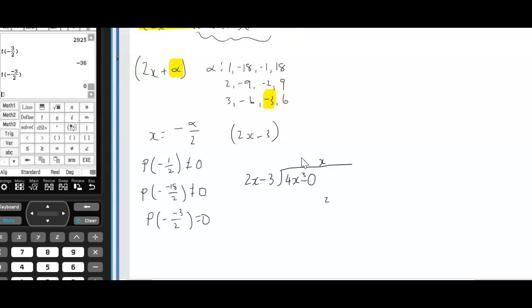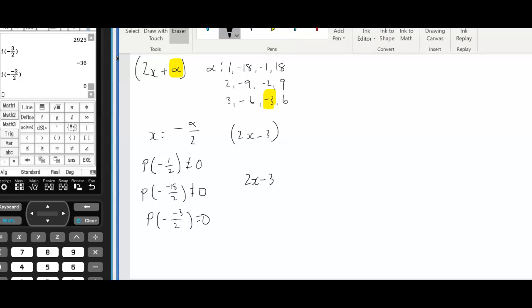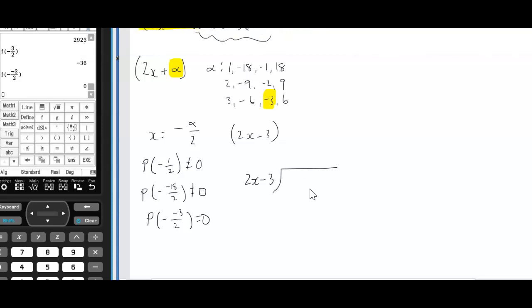Sorry, I just moved everything. All right, let's start again. So 4x cubed plus 0x squared plus 3x minus 18.